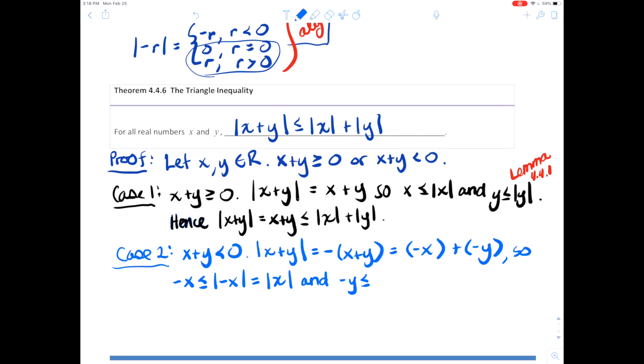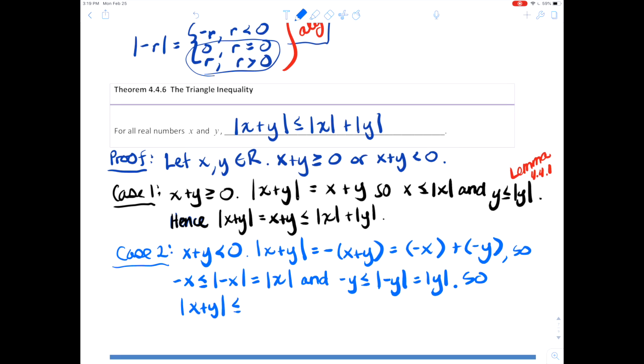Negative y would be less than or equal to absolute negative y, which is equal to absolute y. So, absolute x plus y is going to be less than or equal to absolute x plus absolute y. And we're done. We showed both cases.